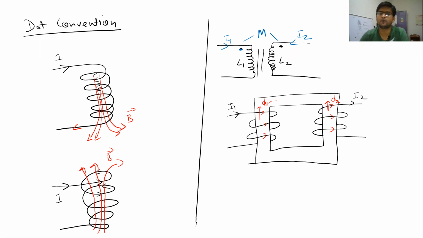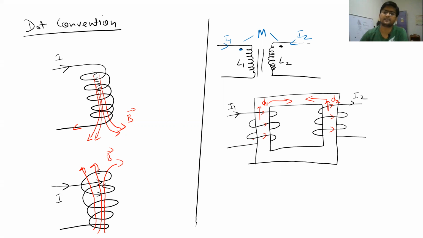So this flux will be going here in this direction, and due to the secondary circuit, the flux is again going in the upper direction, and it will go towards this direction. You see that both these fluxes are in opposing direction, so these fluxes will subtract from each other, and that is why they reduce the overall inductive value of these coils.